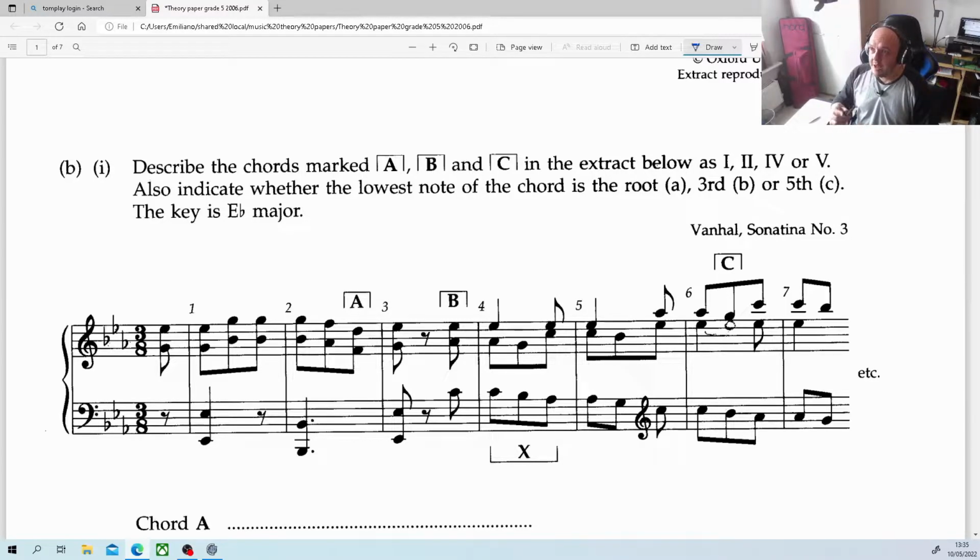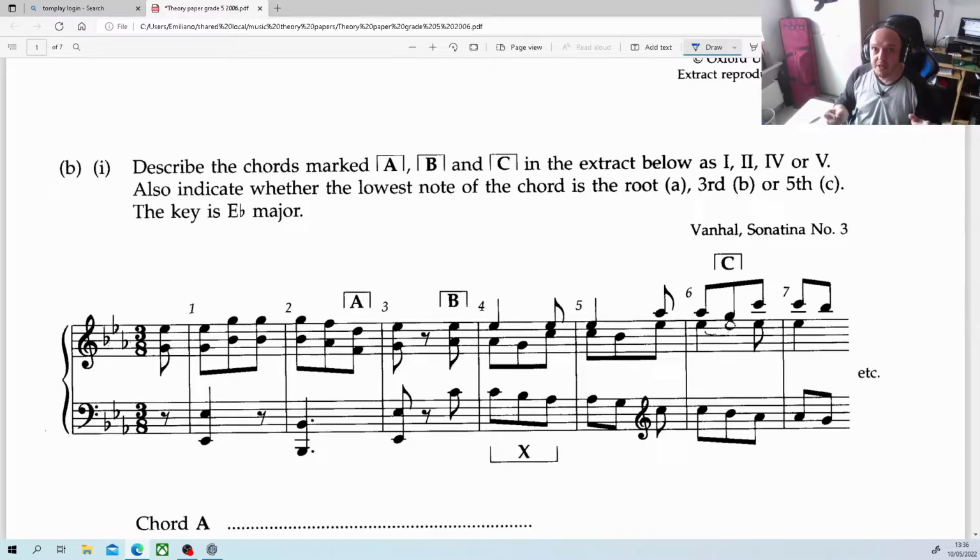Describe the chords marked A, B, C in the extract below as chord 1, chord 2, chord 4, or chord 5. Also indicate whether the lowest note of the chord is the root with a lowercase a, the 3rd with lowercase b, or the 5th with lowercase c. In other words, indicate the inversion of the chord. They give you the key. The key is E flat major.